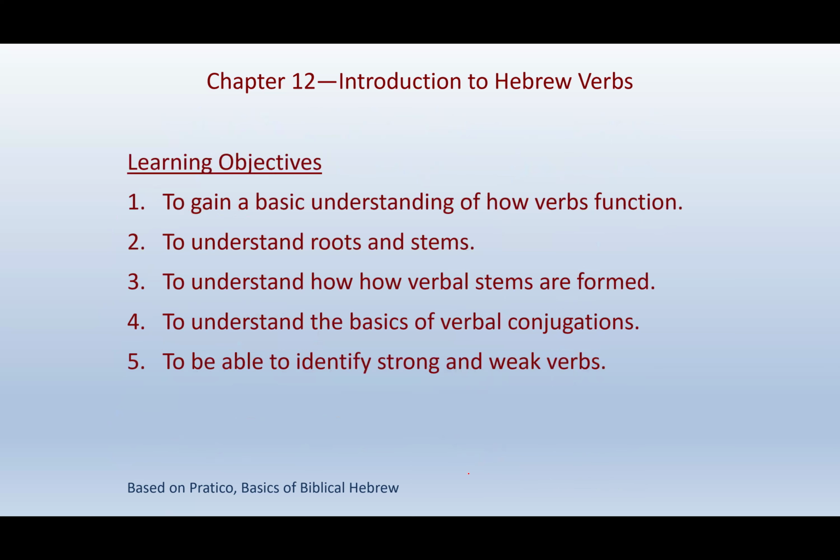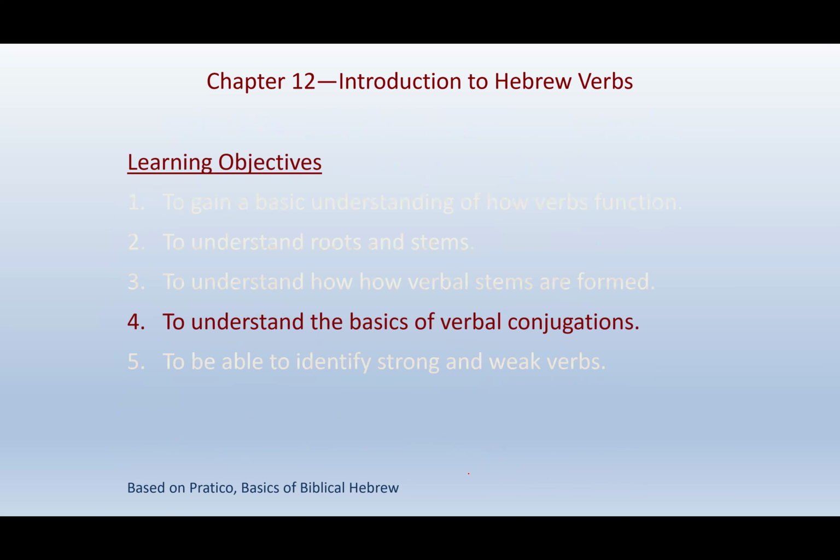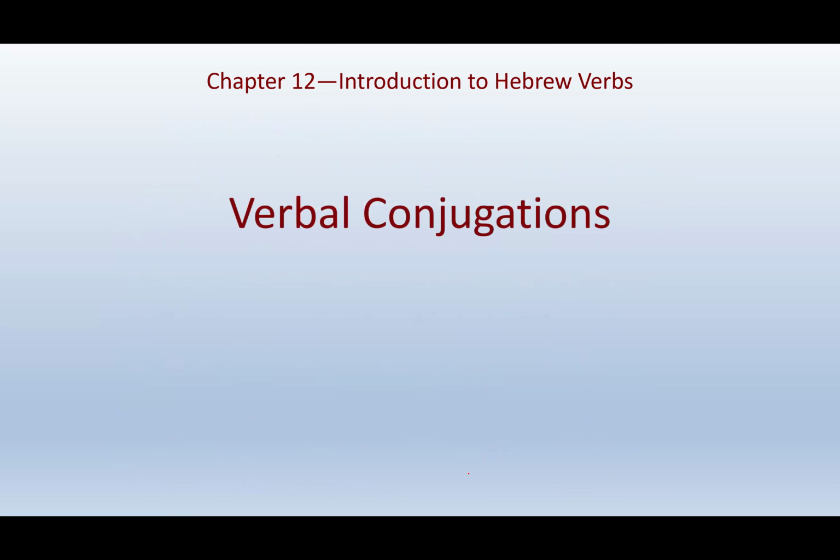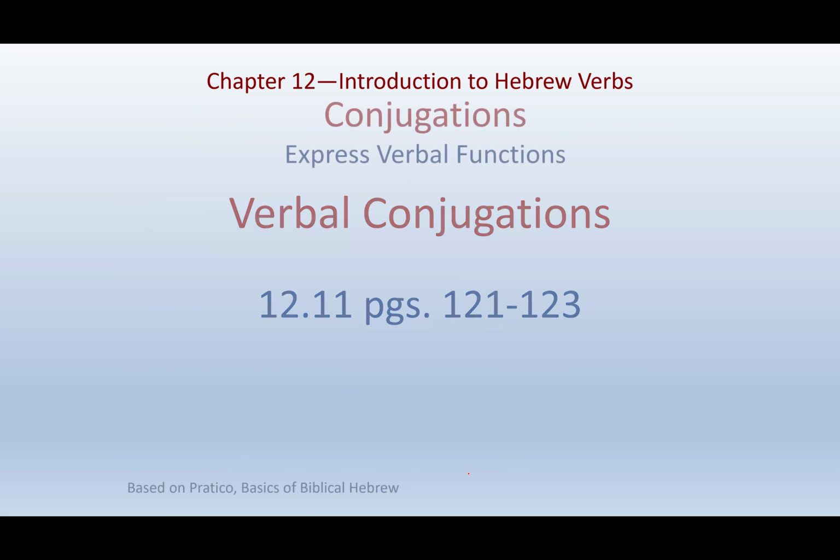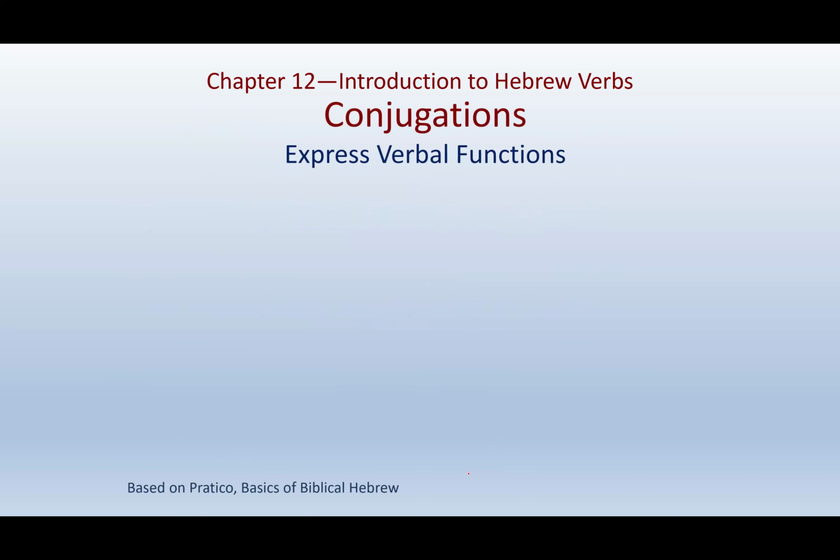All right. So now we need to understand the basics of verbal conjugations. What's a conjugation? Those are covered on pages 121 through 123. They give you detailed information on it, but in summary, there are six. So conjugations express verbal functions.